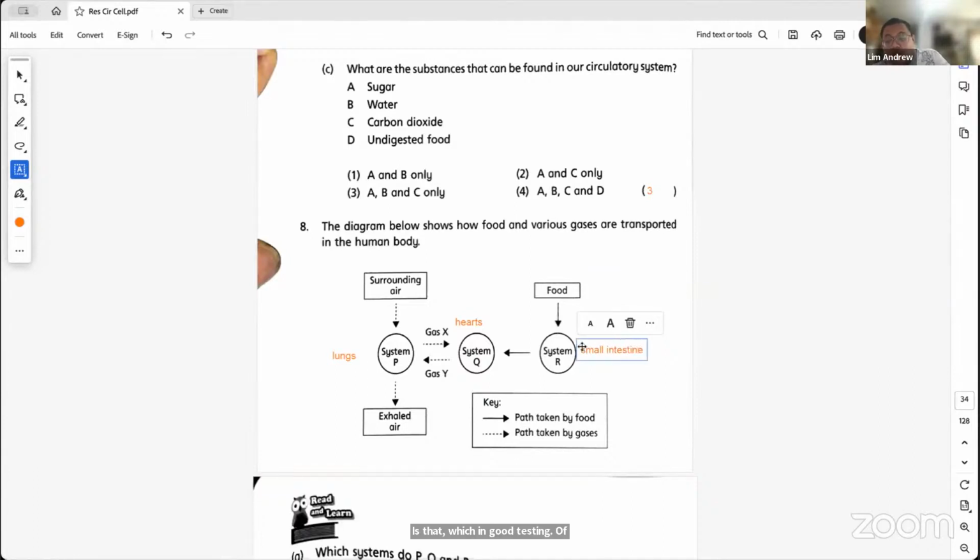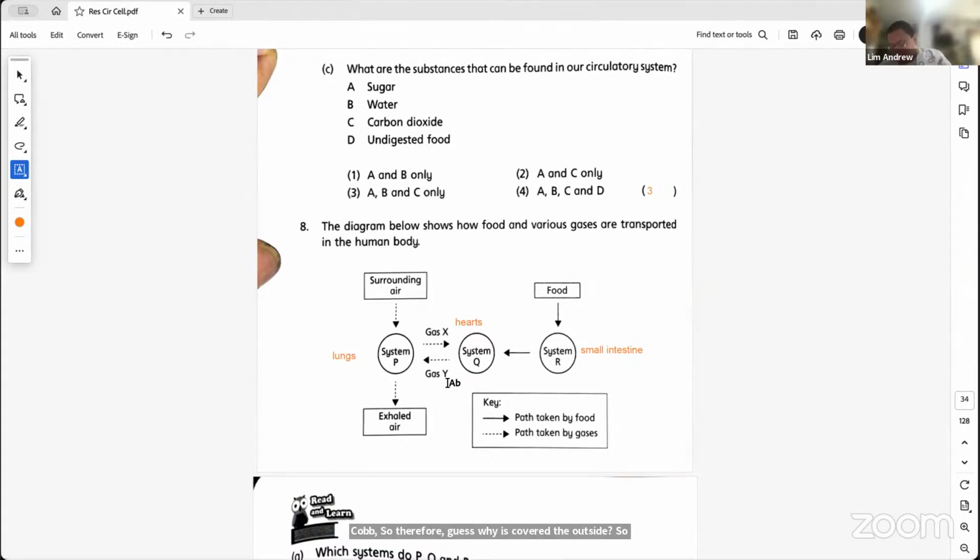After you write the organs that are involved, this diagram becomes more clear. From the lungs to the heart, we know that the blood flowing from the lungs to the heart is rich in oxygen. Therefore, gas X is oxygen. Which gas flows from the heart back to the lung? Carbon dioxide. So therefore, gas Y is carbon dioxide.